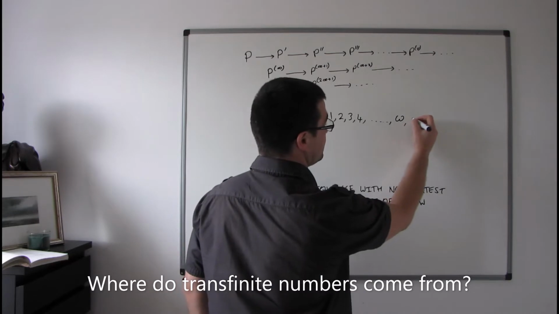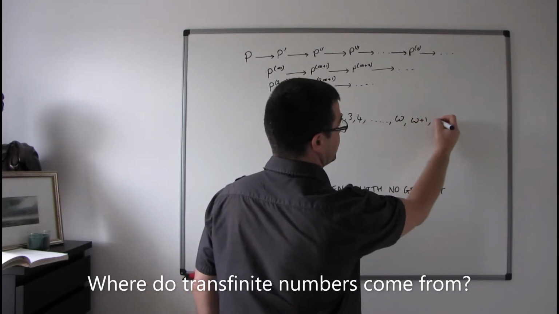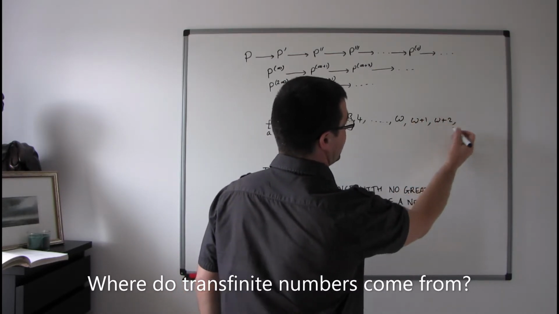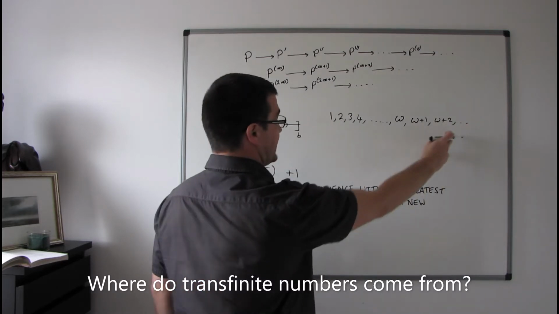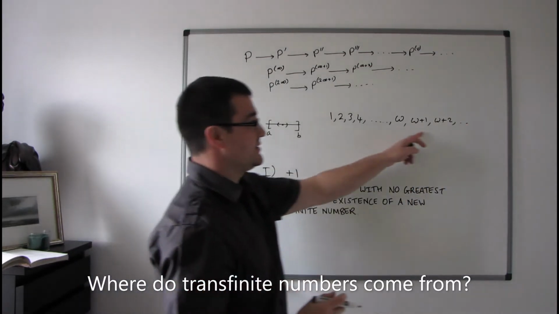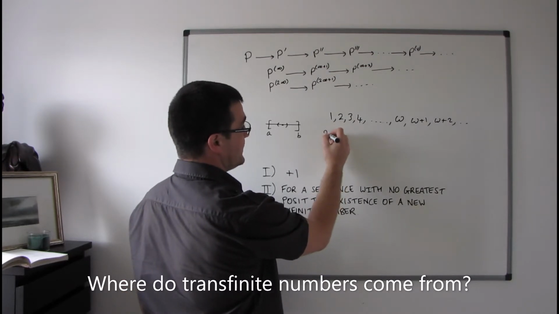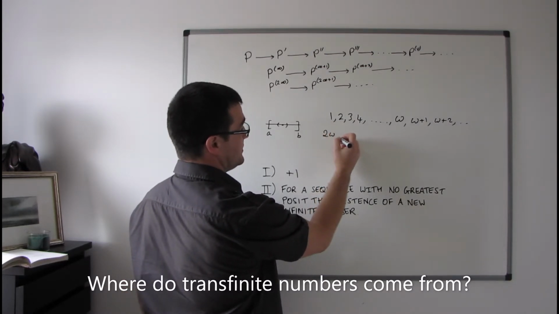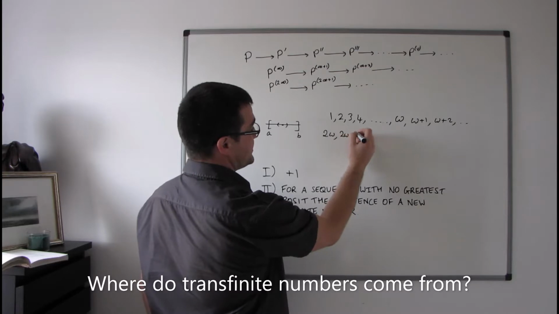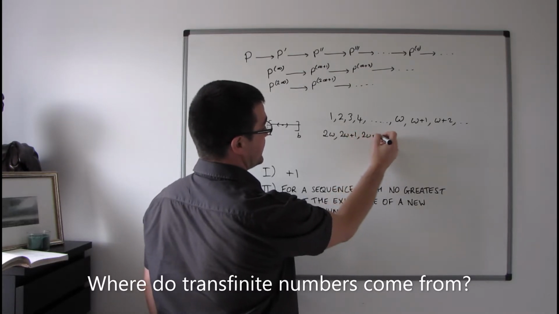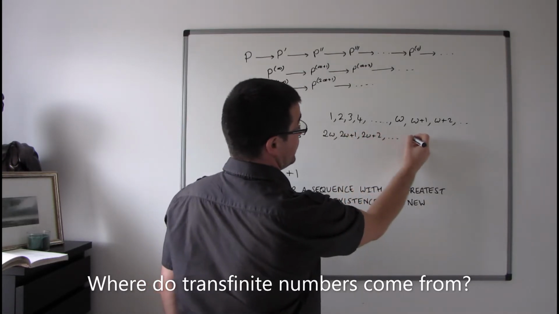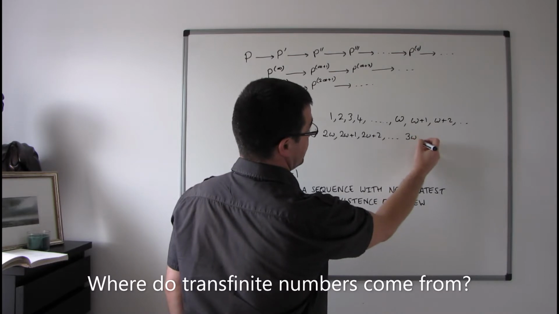Add 1, add another one. But again, this is a sequence that doesn't have a greatest in it. So we've got to posit a new infinite number, 2 omega. But then we go back to the first generational principle, 2 omega plus 2, and then we get to 3 omega.